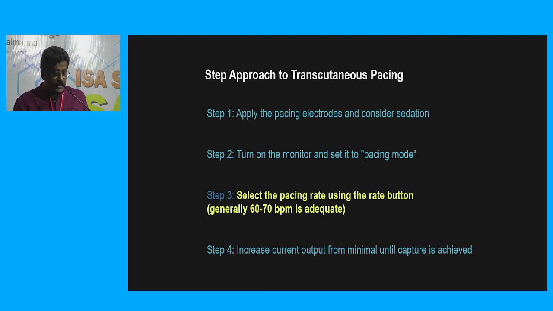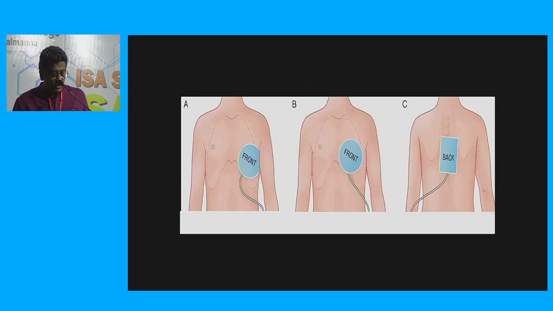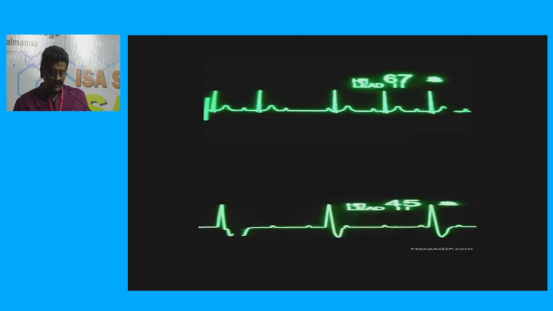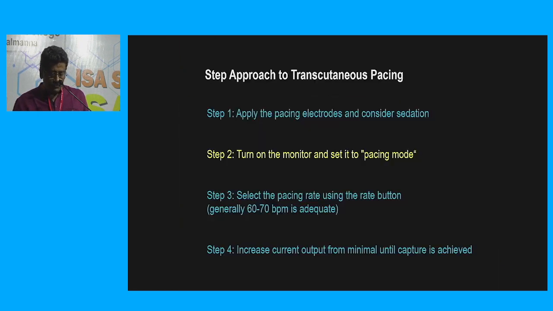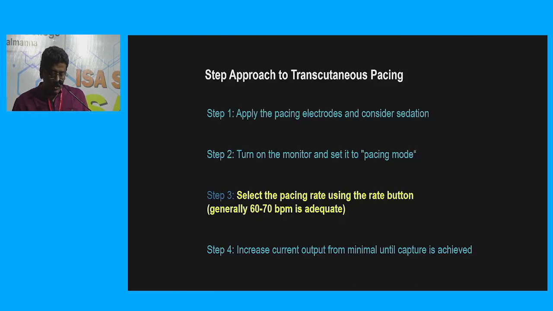Then select a rate, how much you want to pace. What was seen here is that the rate was around 40 for this patient. So you make it 60. You start with 60.